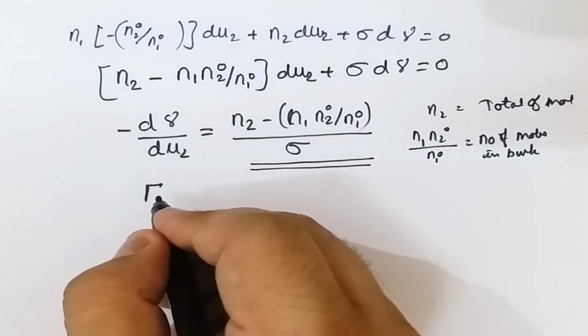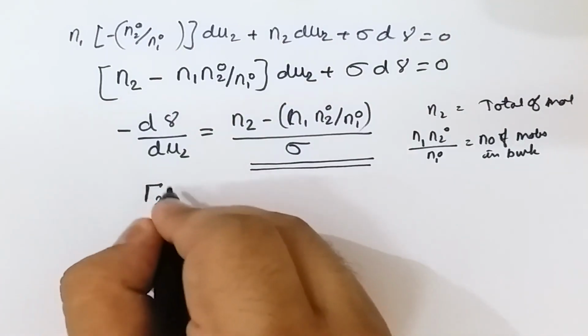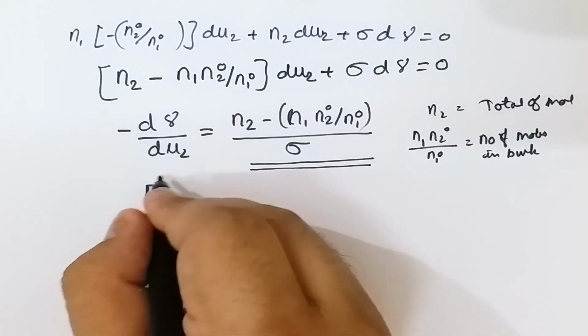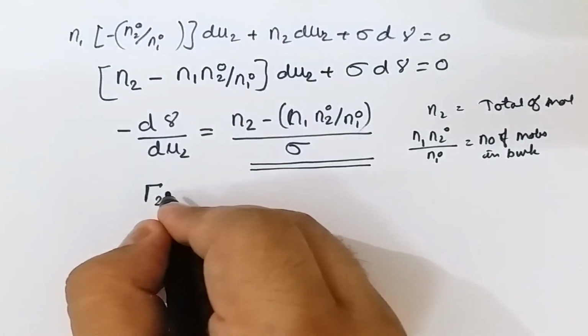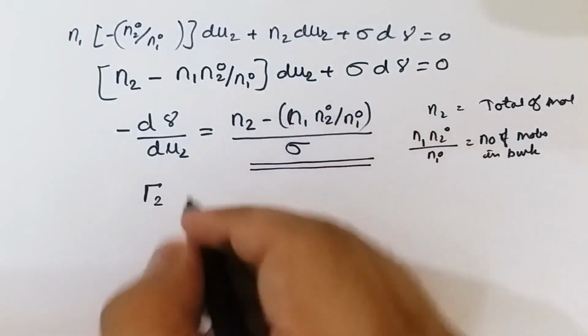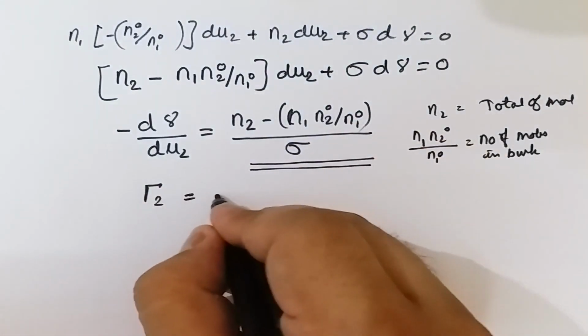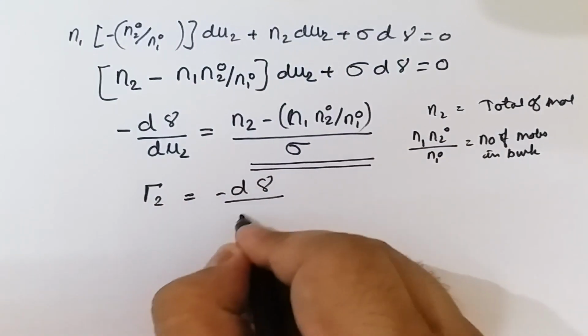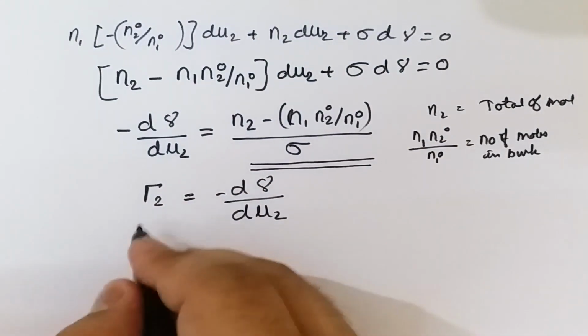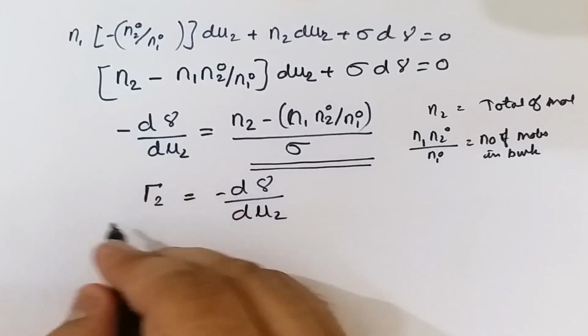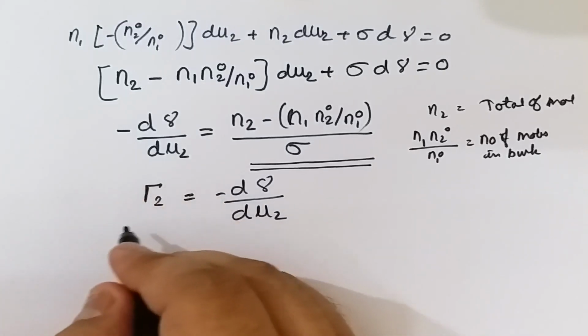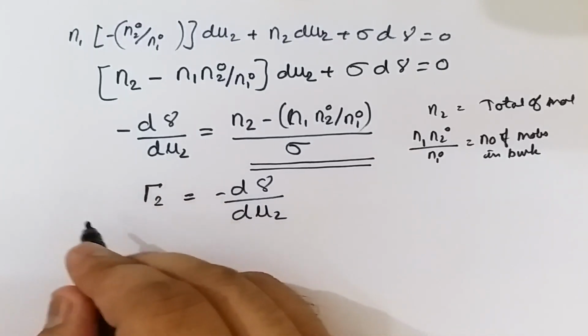So the surface excess can be defined as the excess concentration of the solute per unit area of the surface, and hence gamma 2 equals minus d gamma upon d mu 2. So this is our surface excess, which tells us about the excess concentration of the solute on the interface.